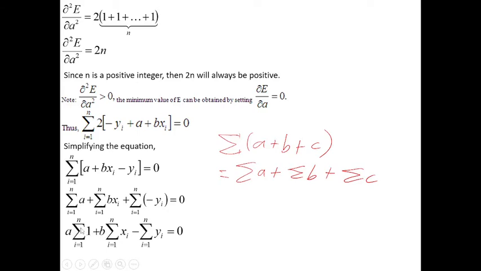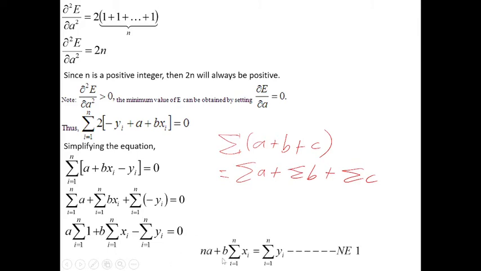So, A summation 1 from i equals 1 to n, plus B is constant, so isolate natin. So, plus B summation x sub i from i equals 1 to n, minus summation yi from i equals 1 to n equals 0.